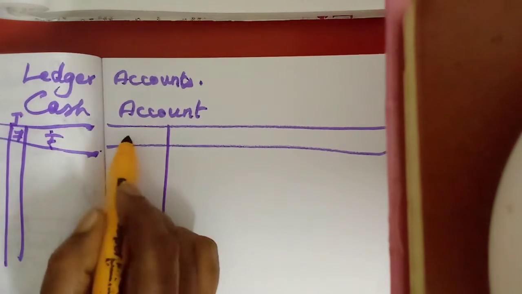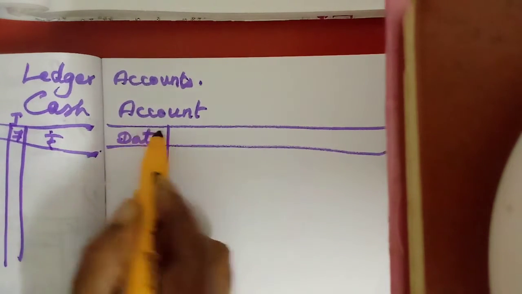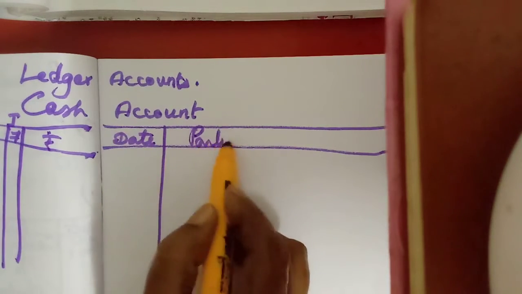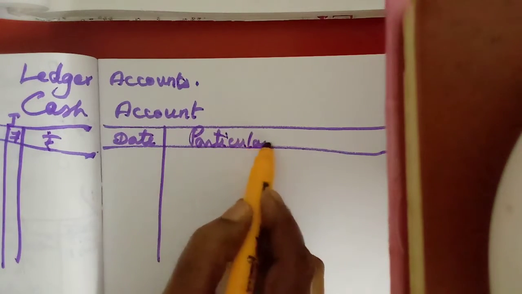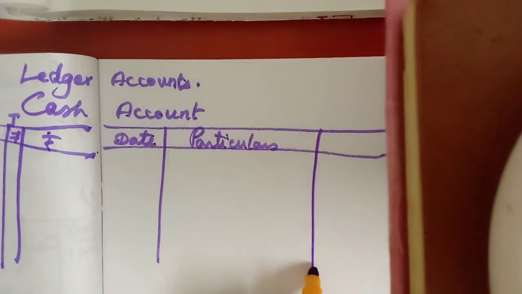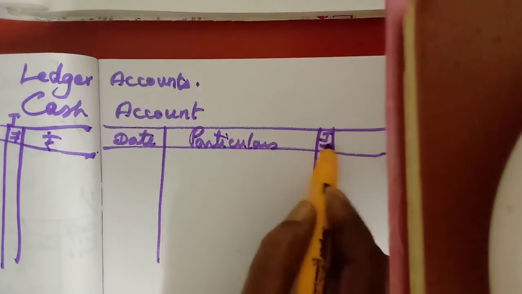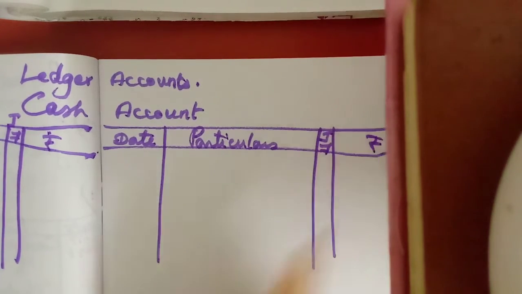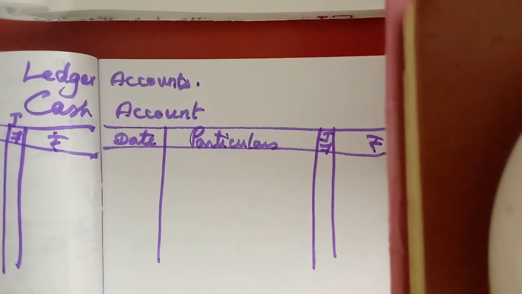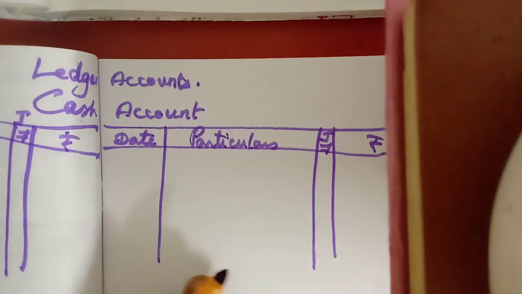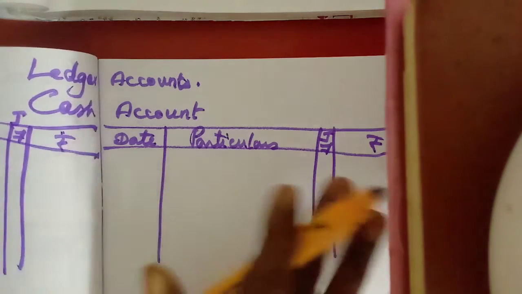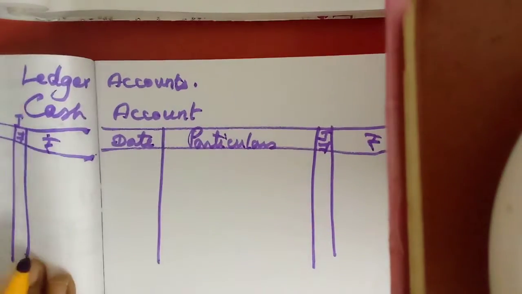Again here date, particulars. This one only will take more time. For the exam you have to draw the line and leave it like that. Afterwards you can write. You have to do the posting first, then write all these dates and particulars. Only the account name we have to write.